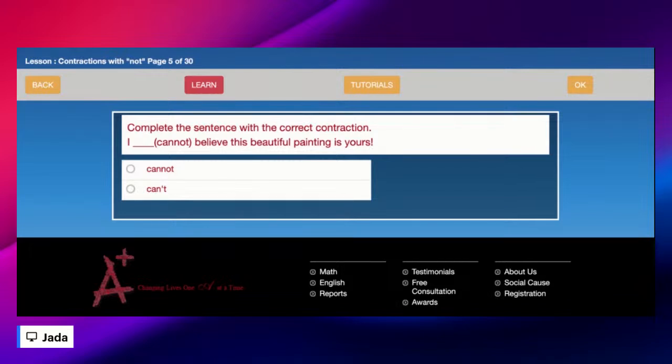One sentence with the contraction not. One sentence with contractions using not.